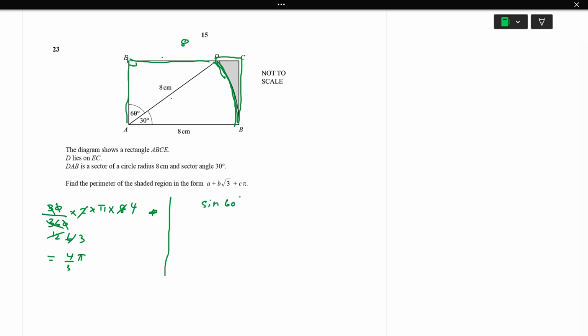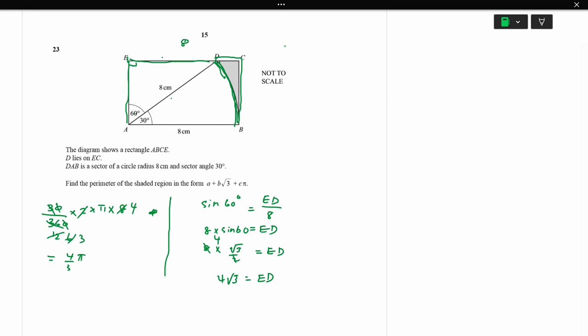Sine 60 degree equal to ED over 8. So 8 into sine 60 degree equal to ED. Sine 60 is going to be root 3 by 2, so equal to ED, which is 4. So 4 root 3 equal to ED. So I got the ED.